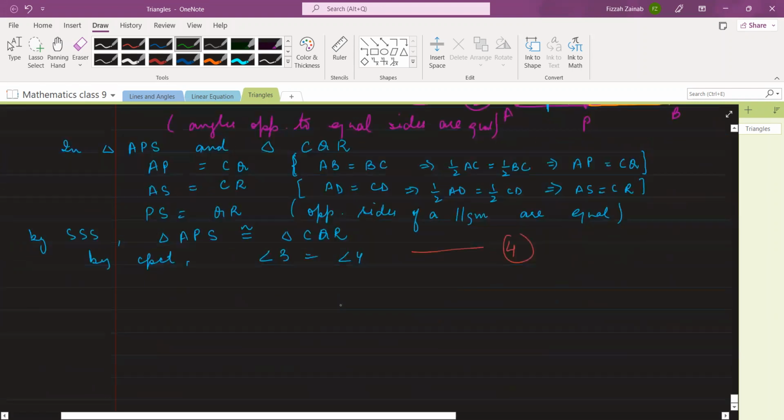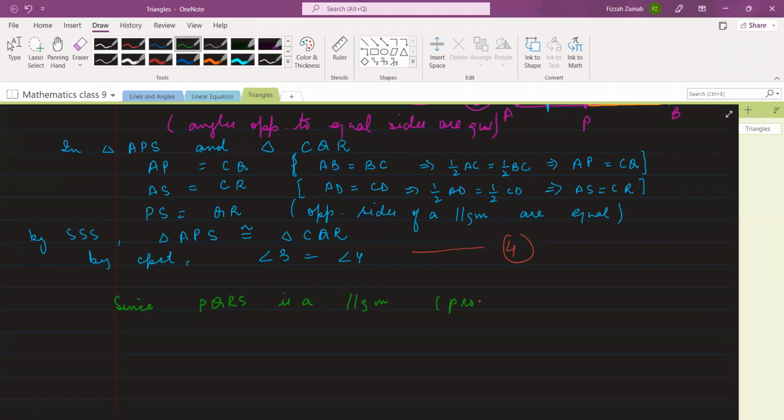Yes, ma'am. Okay. So since PQRS is a parallelogram, already we have proved it, we can say that angle 5 plus angle 6 is equal to 180 degrees. Why can we say this?